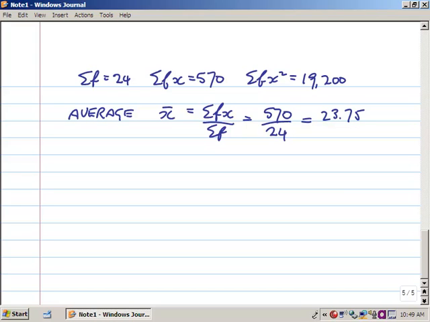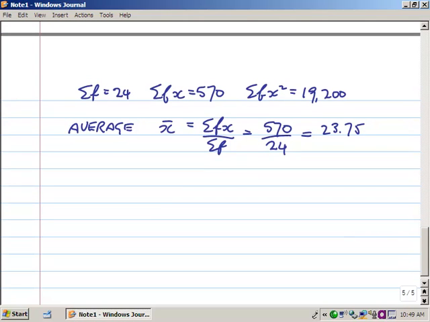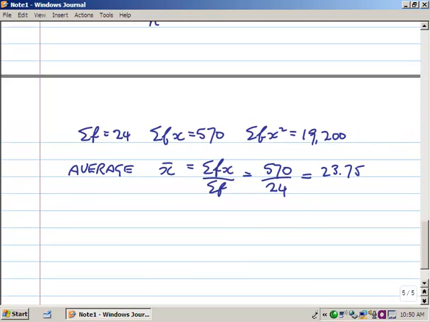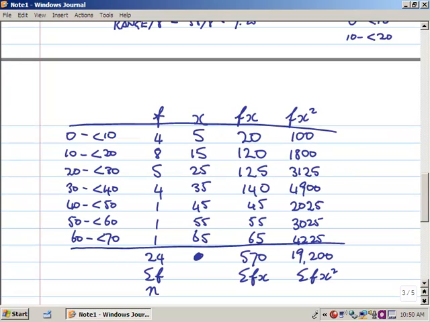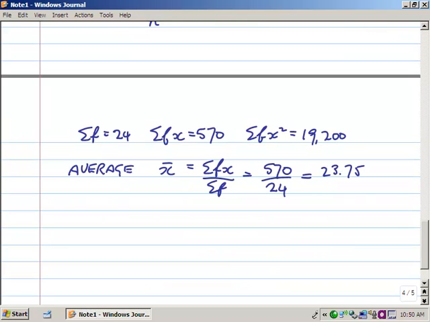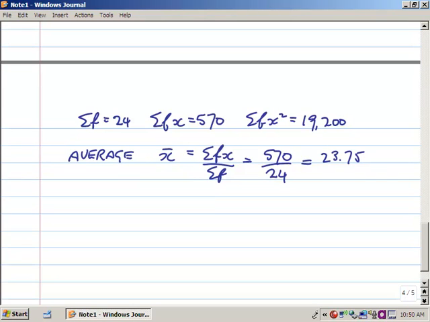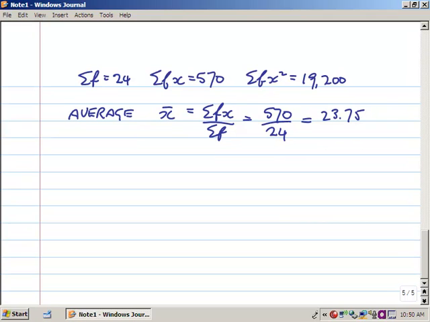When you get an answer for the average, make sure it makes sense. We have numbers going from 4 through 62 in our frequency distribution. Most of the data points are between 10 and 20, so you'd expect an average in that range, and that's what we do. We have an average close to 20.